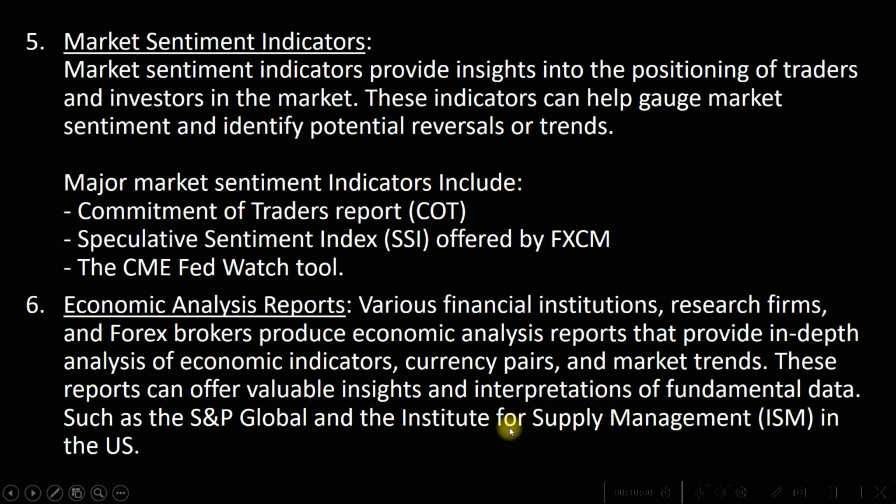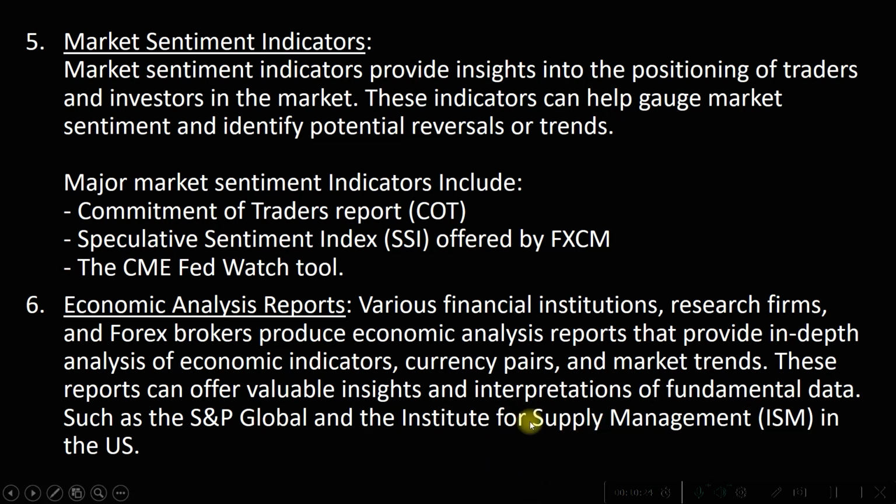The other ones are released by the government. The GDP is released by the BEA, Bureau of Economic Analysis. The CPI is released by the BLS, Bureau of Labor Statistics. Job openings, NFPs, all of them released by the Bureau of Labor Statistics. Those are all government websites, and that is government data.